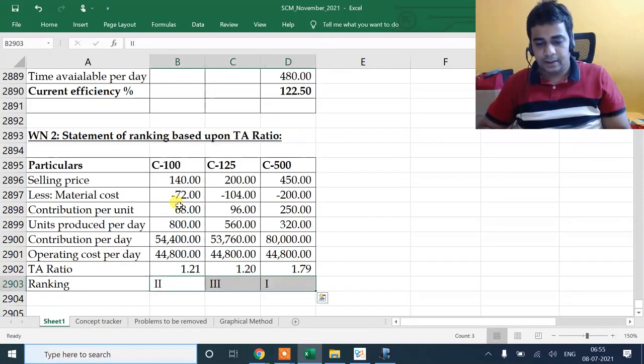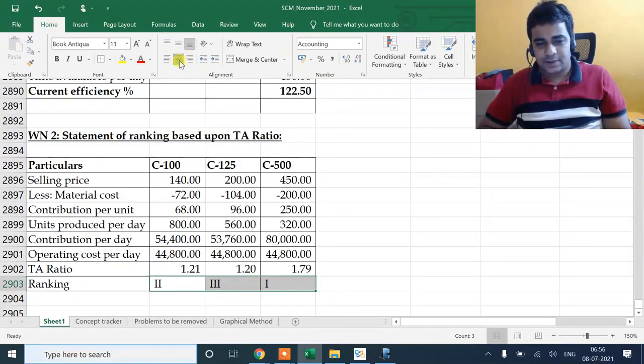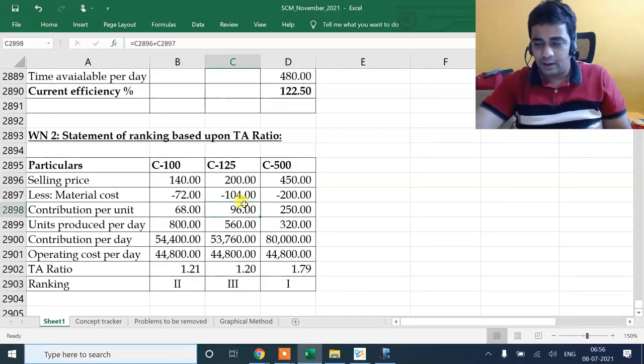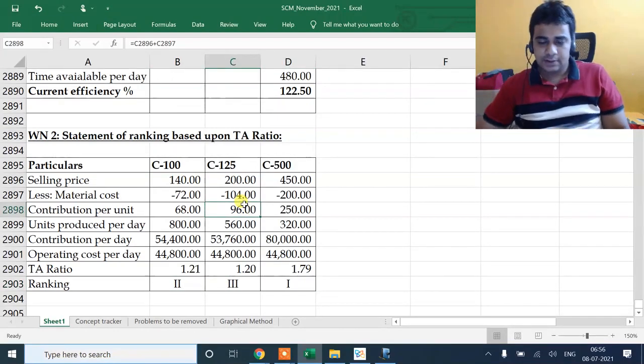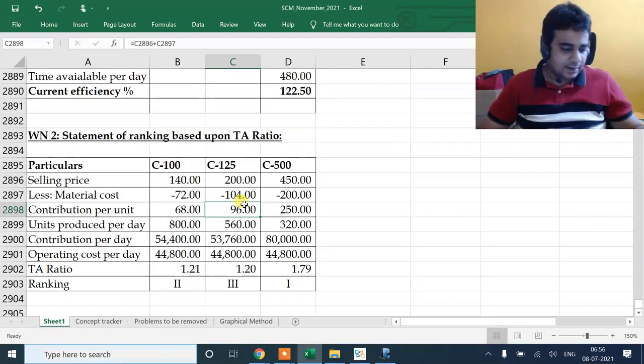This will be my priority order. Do let me know if there are doubts. Again repeating, I have not taken any new concept. If there's a new concept, we'll update the tracker as well.